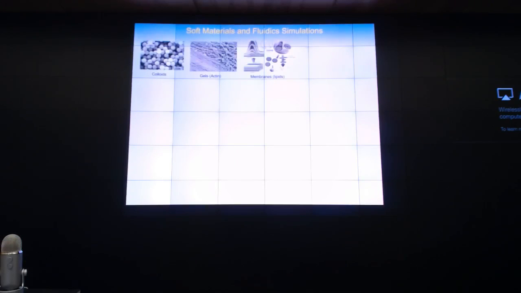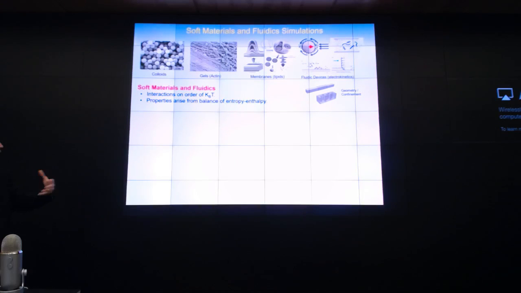Okay, so as I mentioned a moment ago, oftentimes we're very interested in systems that have mechanics that emerge from interactions that are on the order of kBT, the thermal energy. What makes this very subtle is that for such materials, you often have this trade-off between the enthalpy, the kind of energy that drives the interactions and the formation, let's say, of something like your gel or your lipid bilayer, in competition with the cost of having that ordered structure, namely the entropy.